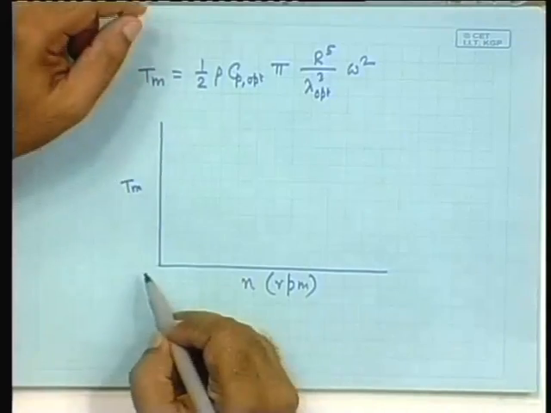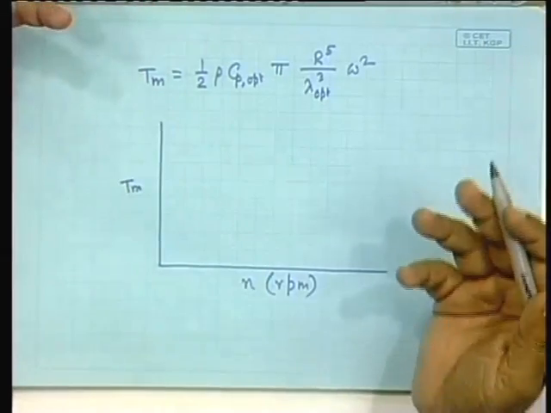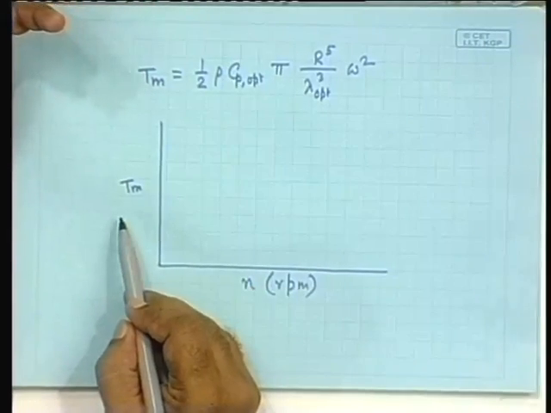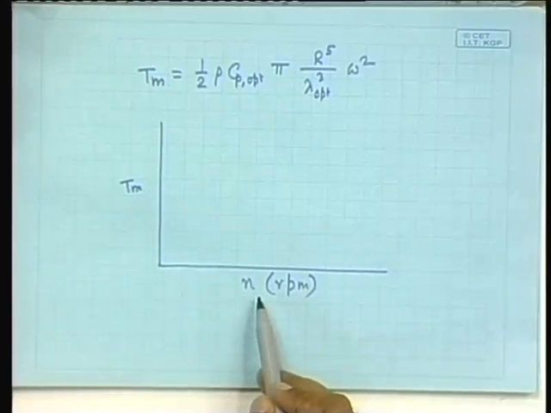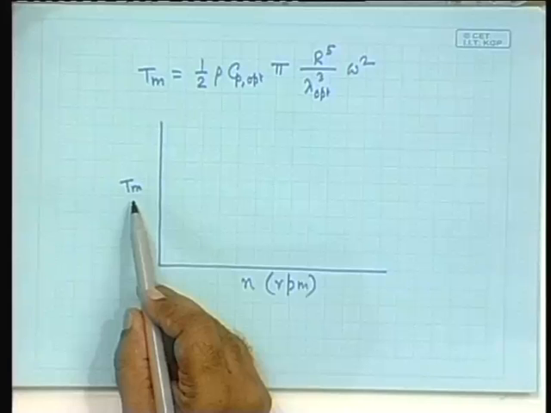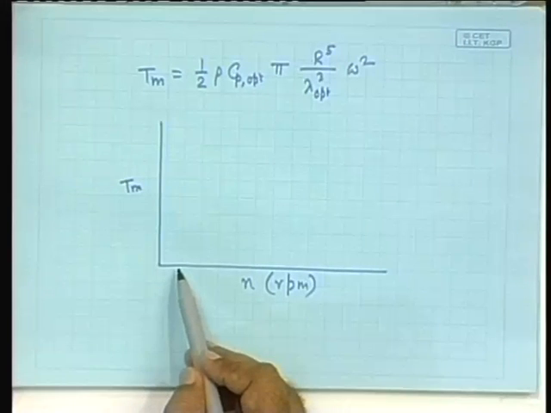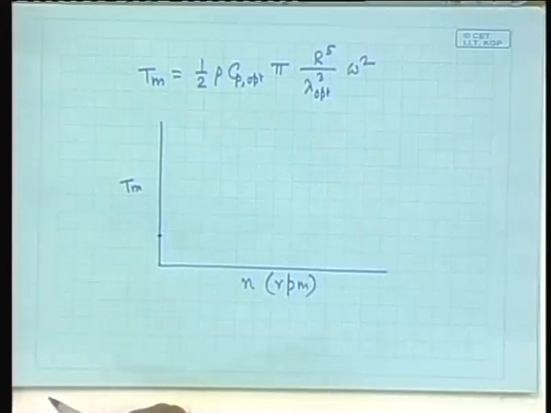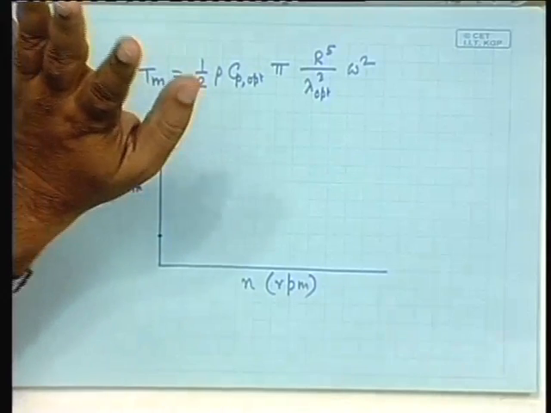You have the power is the product of the torque and the speed, and at speed equal to 0, it does not need the torque to be 0 in order for the power to be 0, because speed is 0. So, it could start from somewhere here. Is that clear?